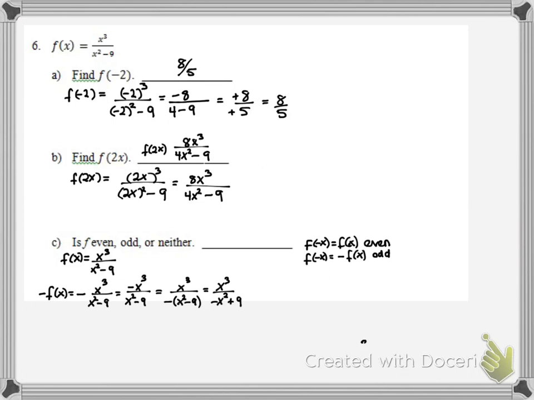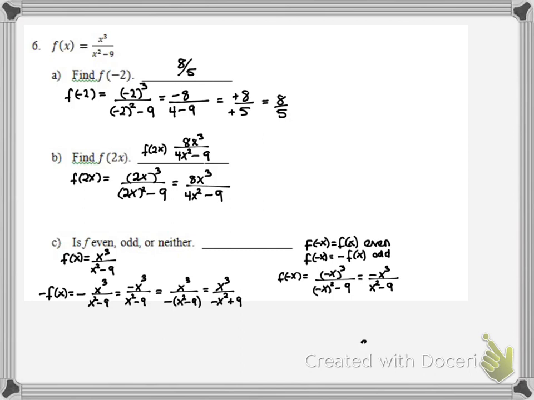So we need to find f of negative x. So following my hard and fast rule, I'm going to write out the function. Everywhere there's an x, I'm going to put an empty set of parentheses. Now I can go back and replace each of these with negative x. You do need to simplify. When you cube a negative, it stays negative. When you square a negative, it becomes positive.